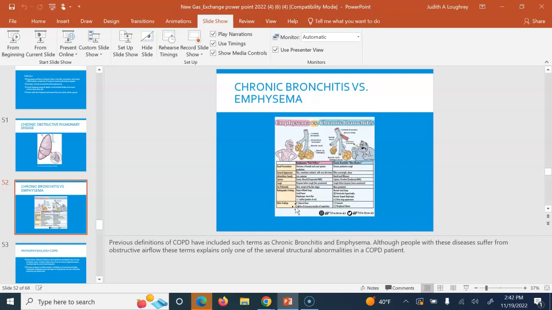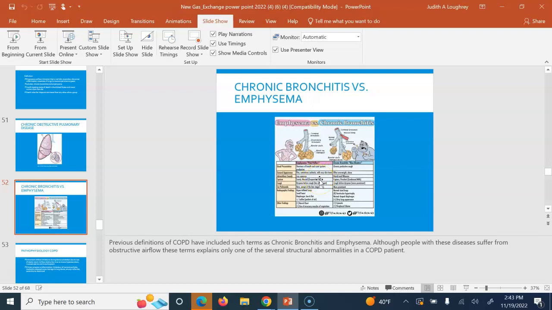An emphysema person typically is called a pink puffer. As you look at the picture, you see this gentleman is thin, and he has a tone of pink. That pink tone is from the increase of CO2. They're in a chronic respiratory acidosis type of state.